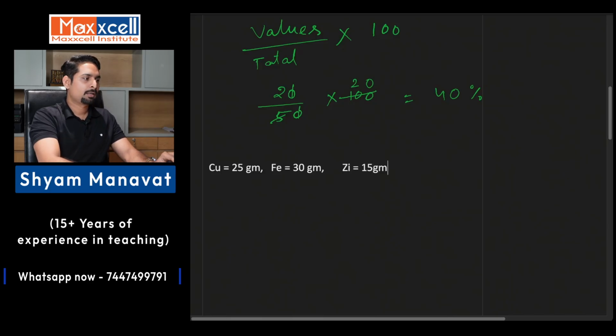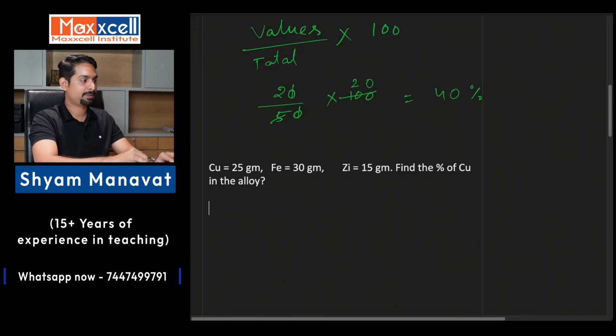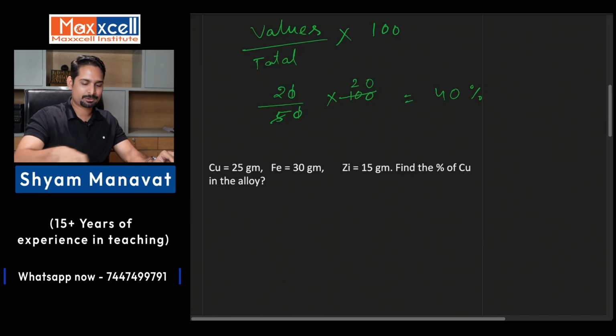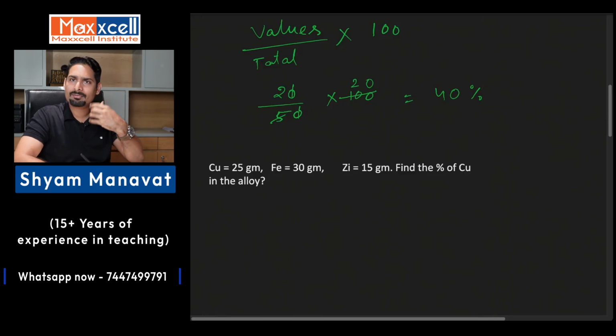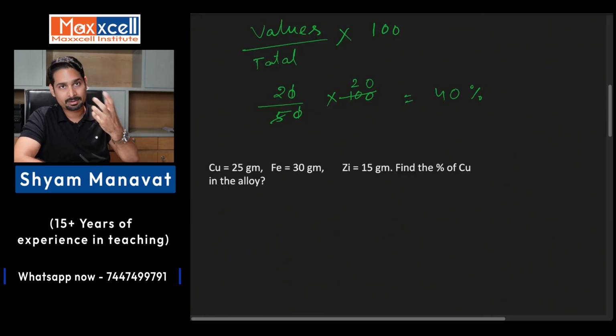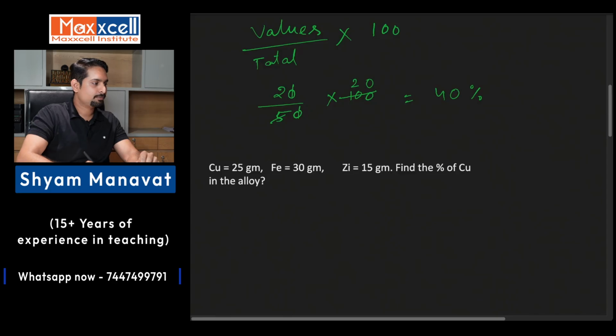Now if the question is, find the percentage of copper in the alloy, how much should that be? As we know the formula, the way you calculate percentage, it should be the value divided by total.